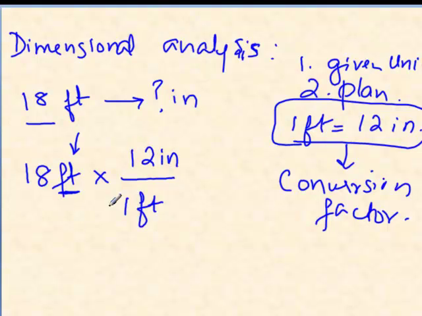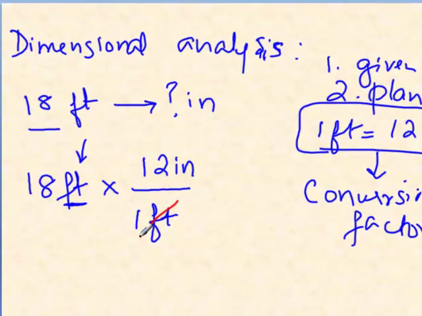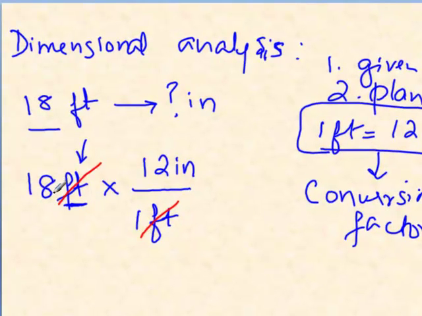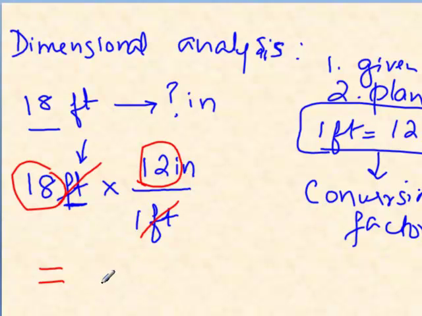Now, I'm really emphasizing that these two units must cancel out. If you do not set it up correctly, you will have an incorrect answer. So now what you would do is take 18 times 12 and come up with your answer.